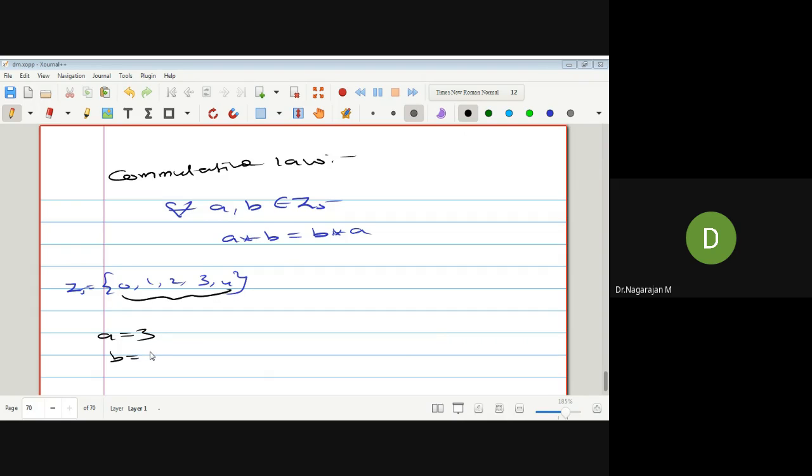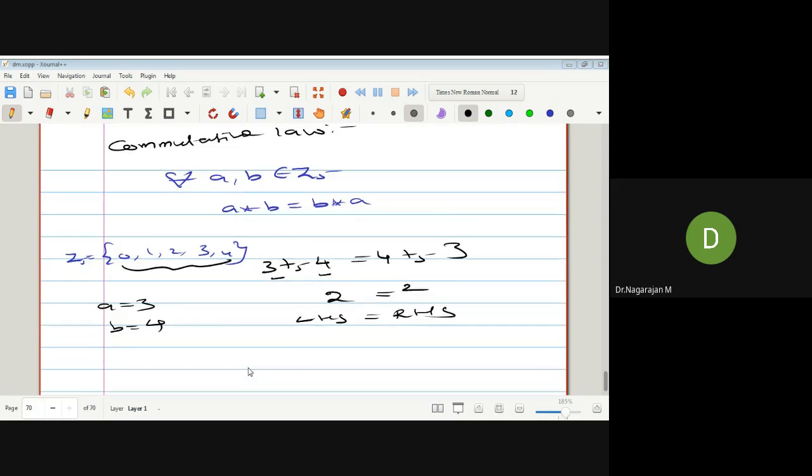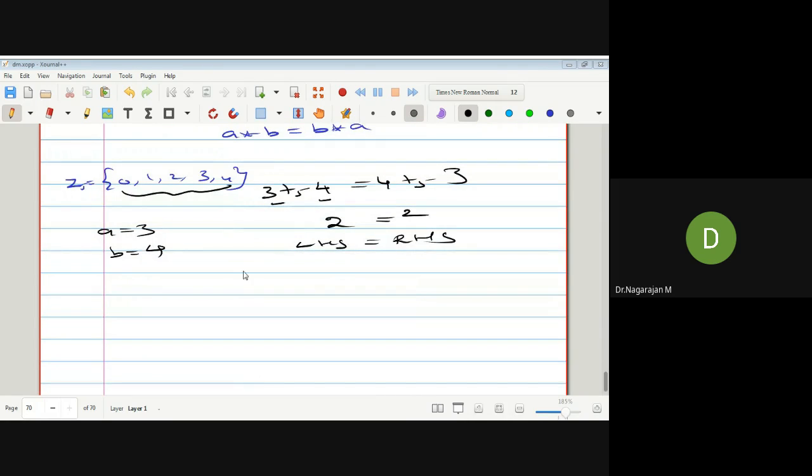Let me take 3 and 4. Apply addition modulo 5: 3 plus 4 equals 7, and 7 means remainder 2. Here 4 plus 3 equals 7, remainder 2. Therefore LHS equals RHS, so our commutative law is satisfied.